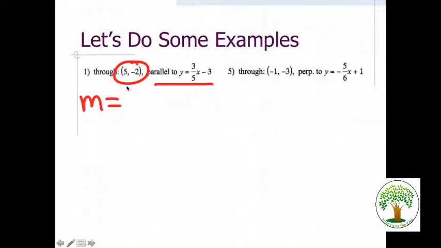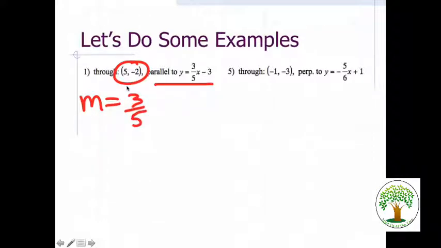Okay. So what is the slope of this line here? 3 over 5. Do we agree with that? Yes, 3 over 5. Amy, you got that? Josie, how about you? You got it. Okay. All right, 3 over 5.